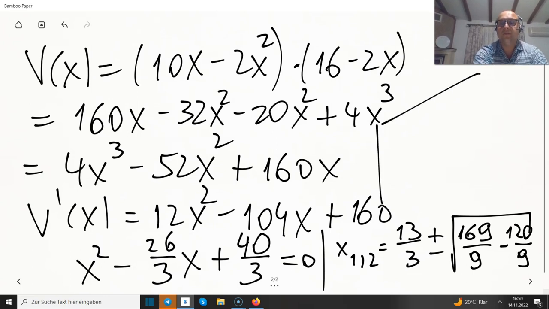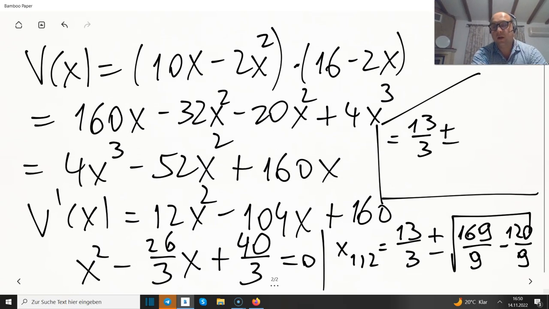That would be 13 divided by 3 plus minus, well, 169 minus 120 is 49. We can take the square root of 49, which is 7. So we're going to get 7 divided by 3, right? So x1 would be 13 thirds minus 7 thirds, which is 6 thirds or 2.